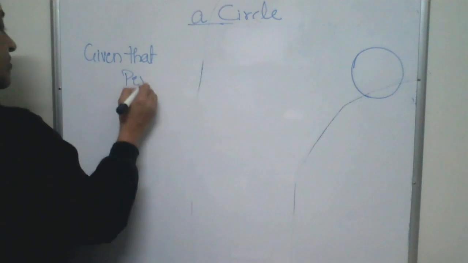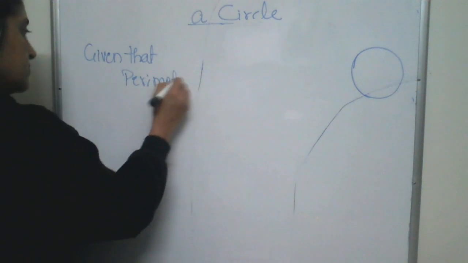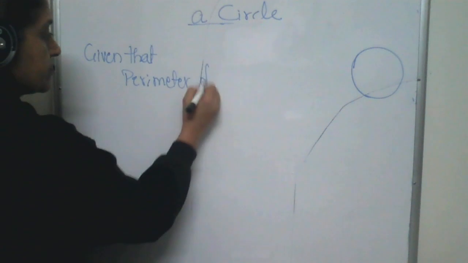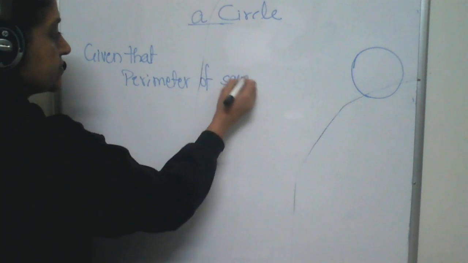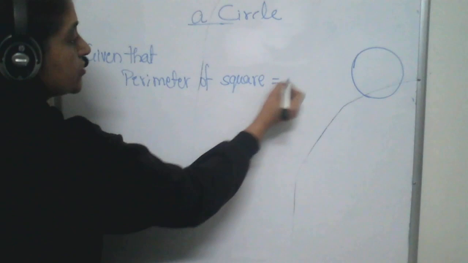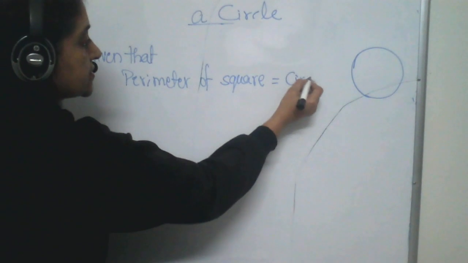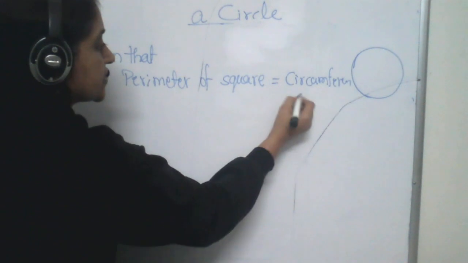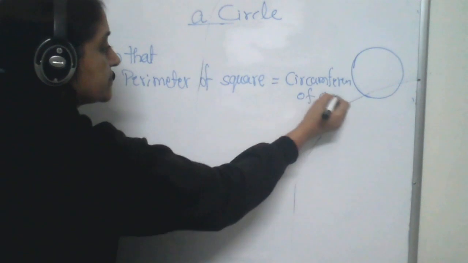Perimeter of square is equal to circumference of circle.